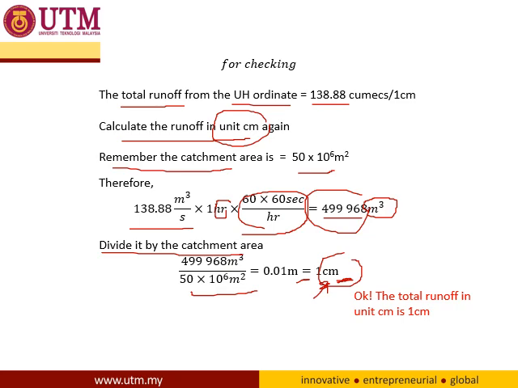Because this example is in the unit of over 1 centimeter, if you calculate back the runoff in unit depth, you will get 1 centimeter. So this means that the total runoff is 1 cm. So this is correct. So our unit hydrograph is correct.